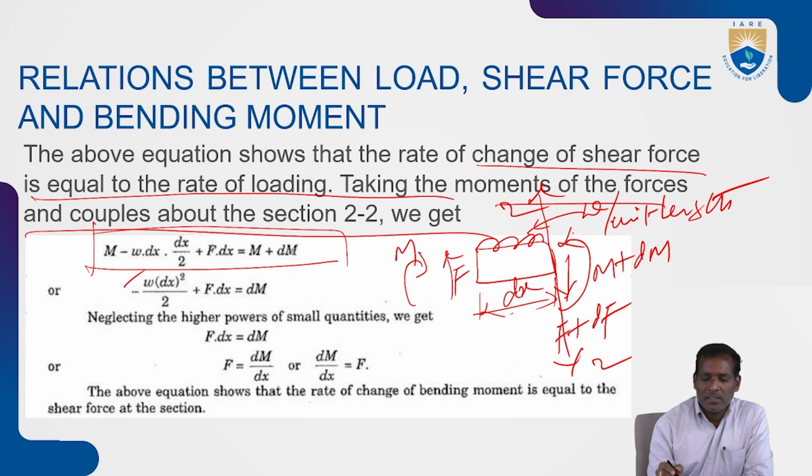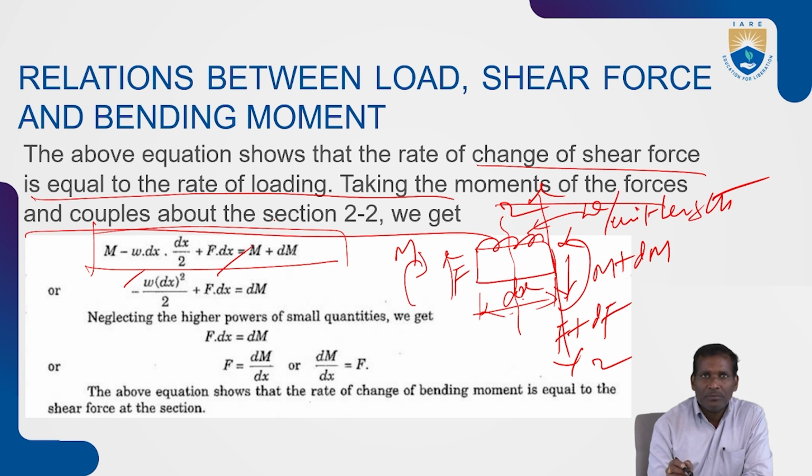One is UDL, W into dx by 2, half of the portion, and the second one is the force F. What is the moment about this force? The moment of this force is F into dx, right?